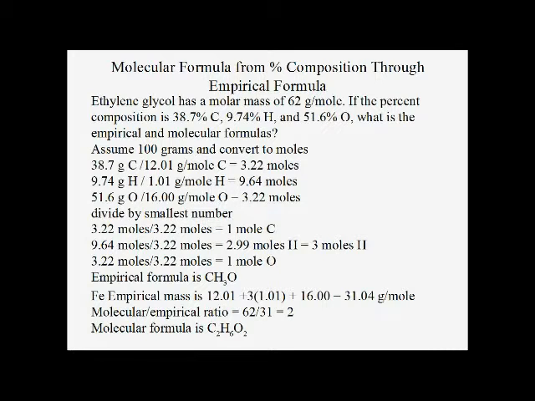We do our molar mass, 62, divided by the 31. We get a whole number multiplier of 2. We multiply all the subscripts in our CH3O by 2, and we end up with C2H6O2 as our molecular formula for this compound.